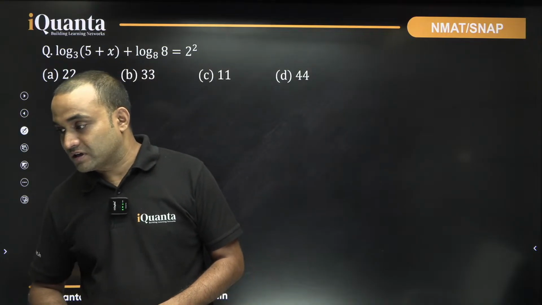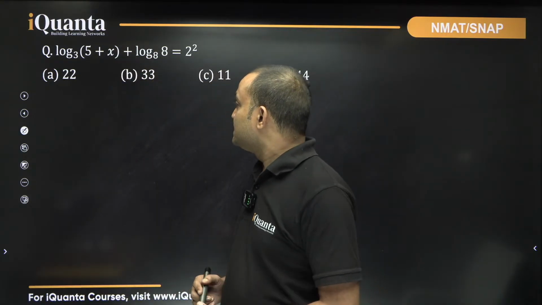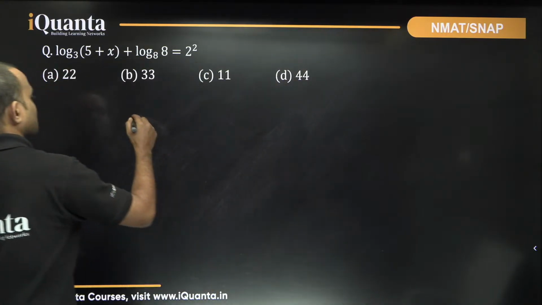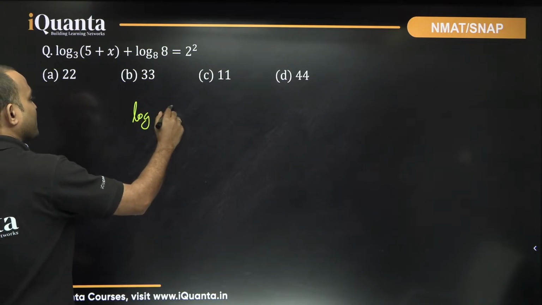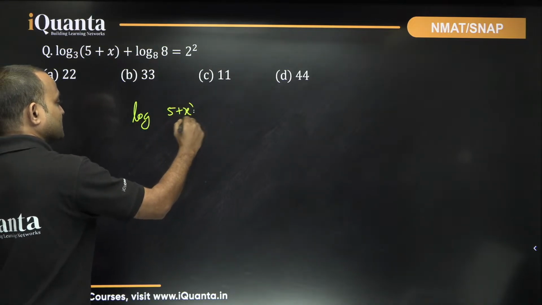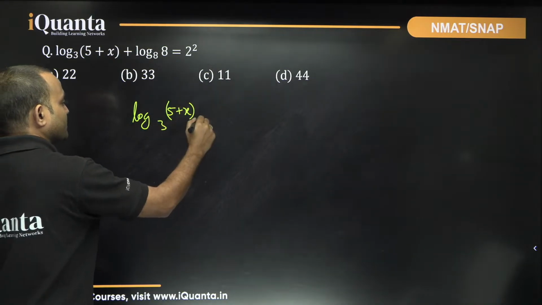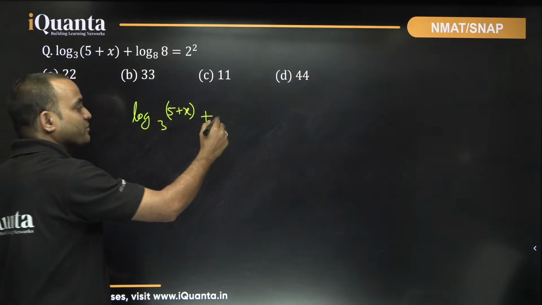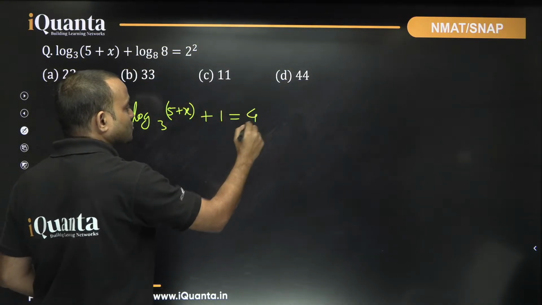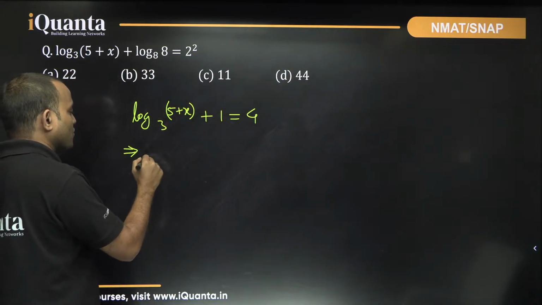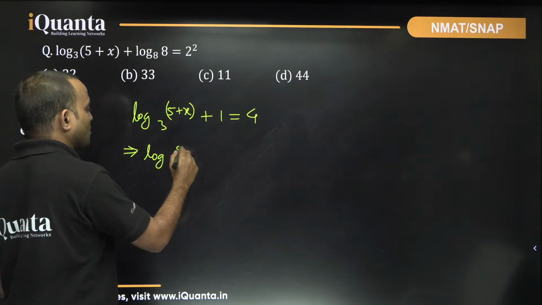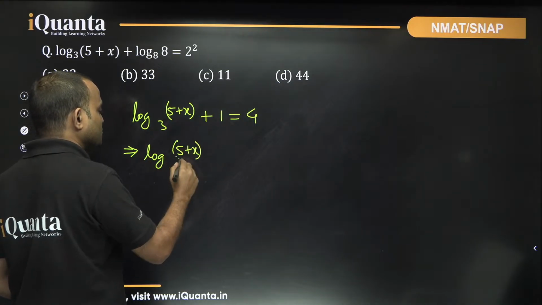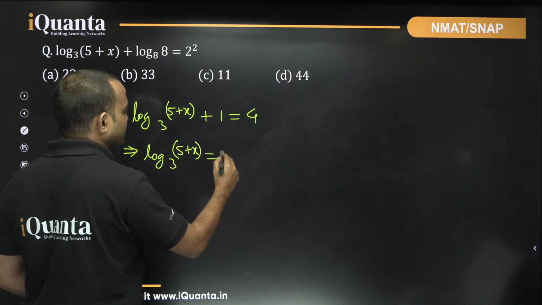So all of you are answering option A. Let's check this. Log of (5 plus x) to the base 3 plus log 8 to the base 8, which is nothing but 1. 2 squared is nothing but 4, or we can say log of (5 plus x) to the base 3 will be equal to 3.